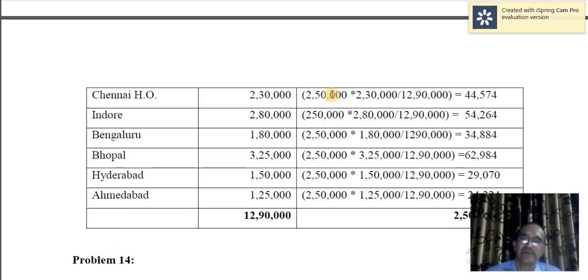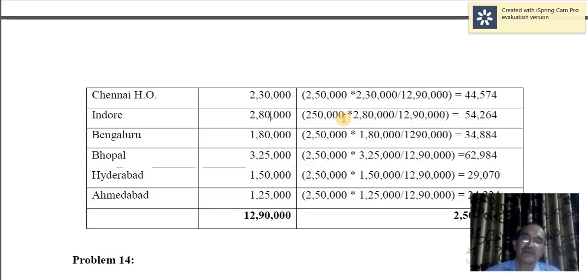Similarly, you have to calculate on other branches. Indore, for example, 2,50,000 is the total input tax. So that should be distributed. So here turnover is 2,80,000 in the case of Indore. Total turnover is 12,90,000. So you have to find out what is the proportion of turnover of Indore to that of total turnover.